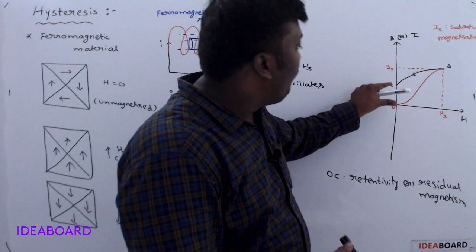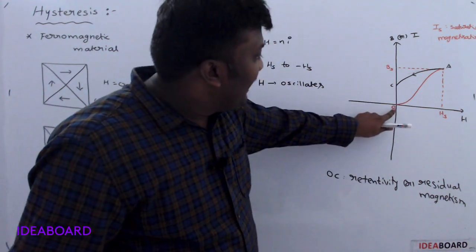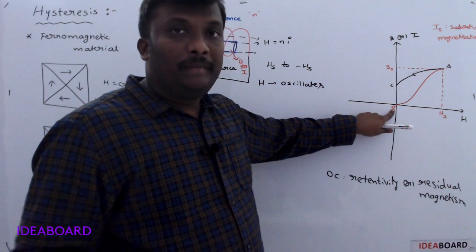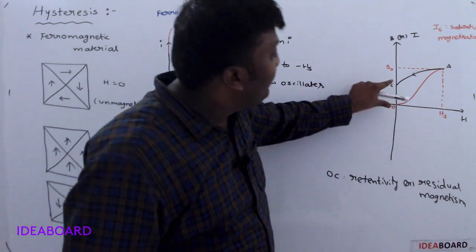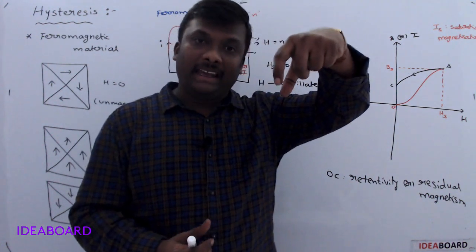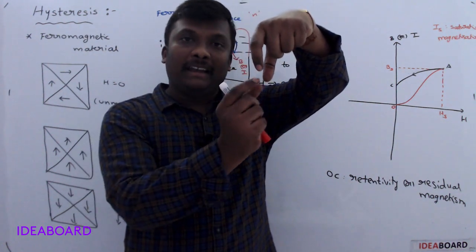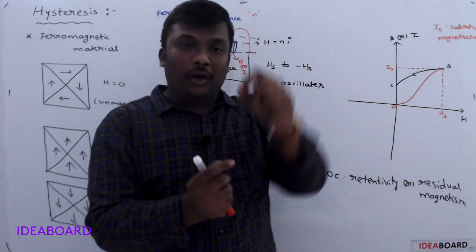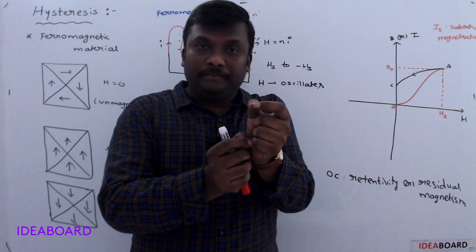What is the meaning of OC? See, at this place, H is 0 now. Even with H at 0, the material has some intensity of magnetization. For example, take a magnet connected to a pin. The pin is attracted by it. Now you connect another pin there.